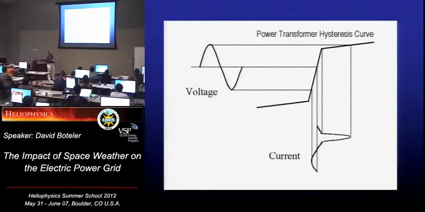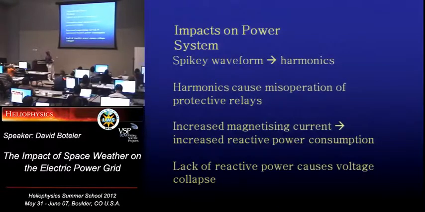Now, analyzed in terms of its frequency content, that means you've got a lot of harmonics in the system. The spiky waveform gives you a lot of harmonics. Now, a lot of relays to protect the system are designed to detect harmonics. So suddenly having all these spurious harmonics around causes misoperation of those relays.